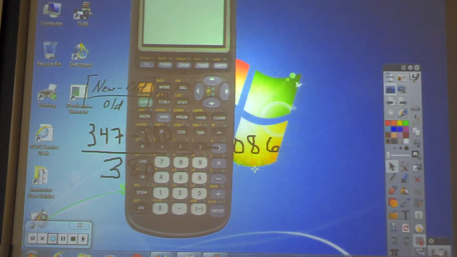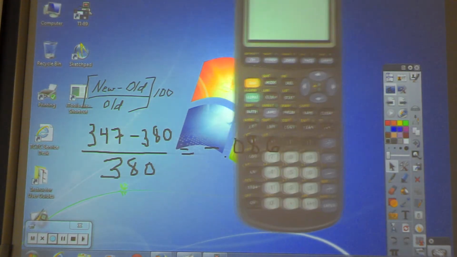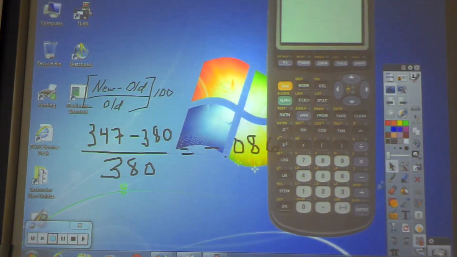That's the decimal before you multiply. So 347 minus 380 is equal to, divided by 380, and that's equal to, and then multiply by 100.